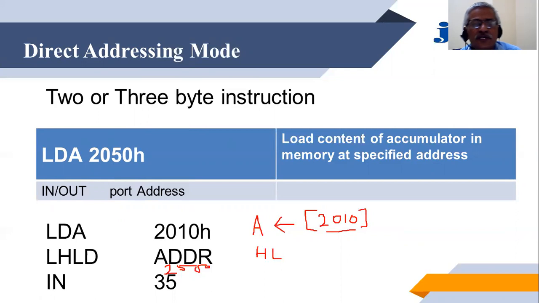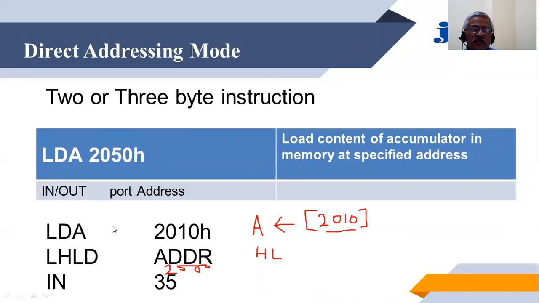In case of IO devices, 8085 has 8-bit port addresses. So 8-bit means 1 byte, and another 1 byte will be that of the instruction. Hence instructions like IN and OUT, which also contain the port address, are generally 2 byte instructions.